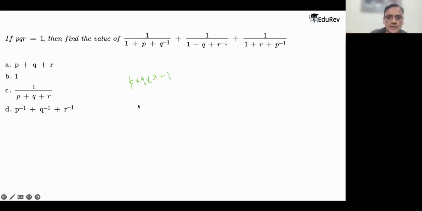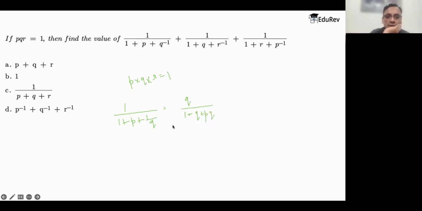Okay. Now, 1 upon 1 plus P plus Q inverse will mean 1 upon Q. Okay, I'm only looking at the first term, which will mean Q will go up, and you will have 1 plus Q plus PQ.